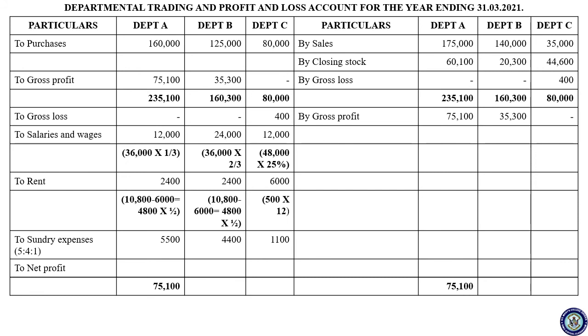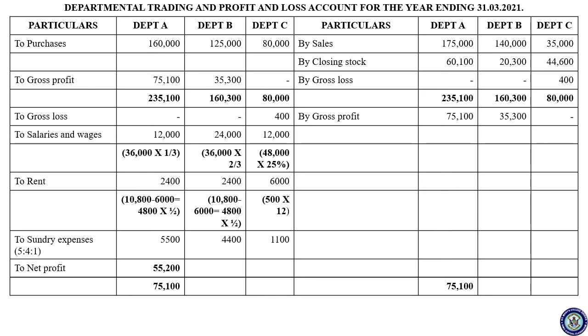Now you find the difference for department A. So profit 55,200.